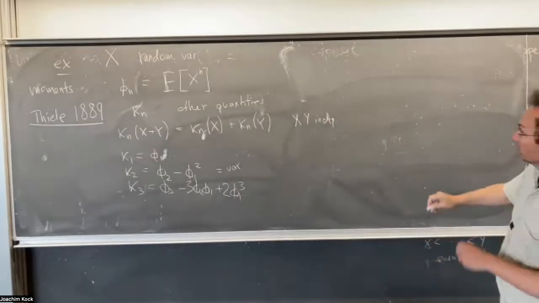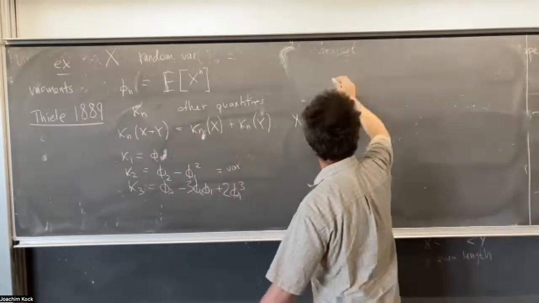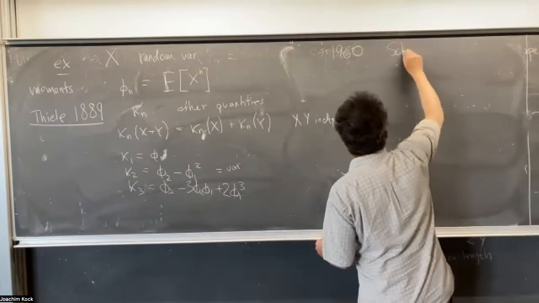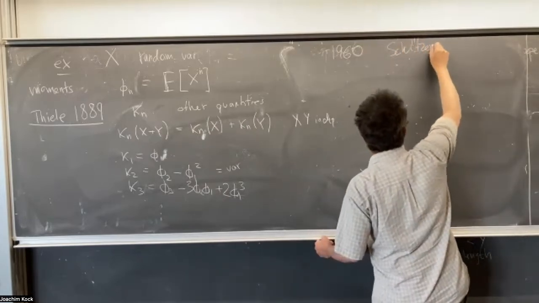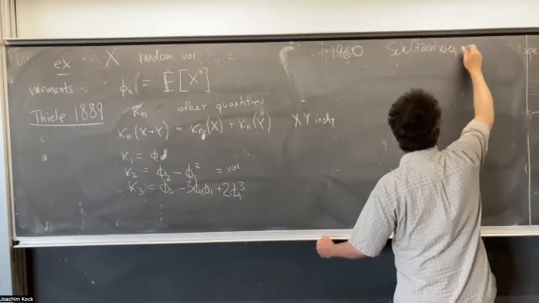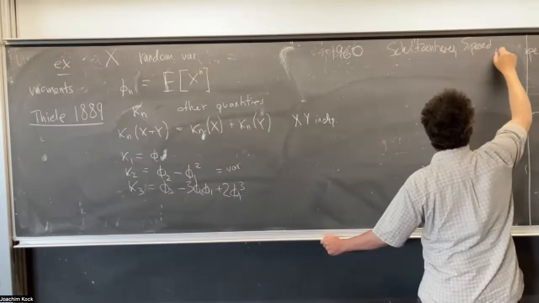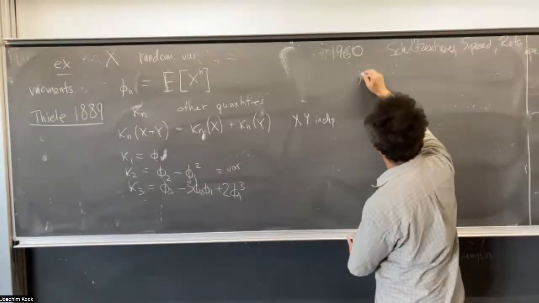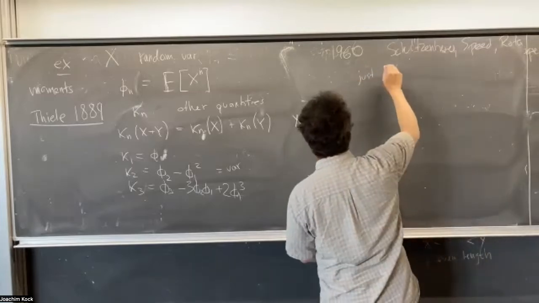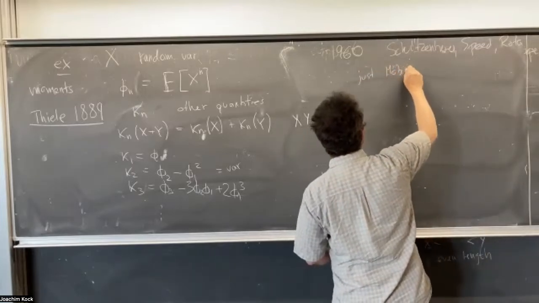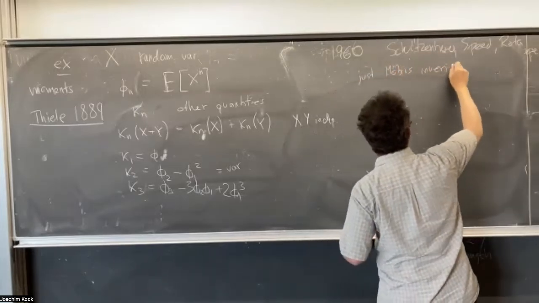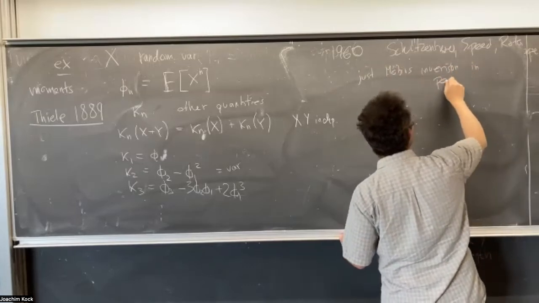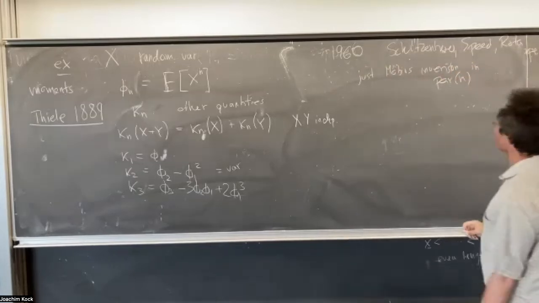So now that was a long time ago. So in the 60s, Schützenberger, Speed, and Rota, they observed that this is just Möbius inversion. And it's Möbius inversion in the partition posets.